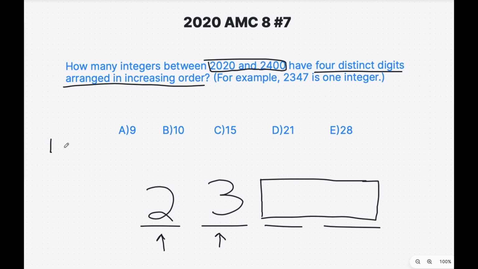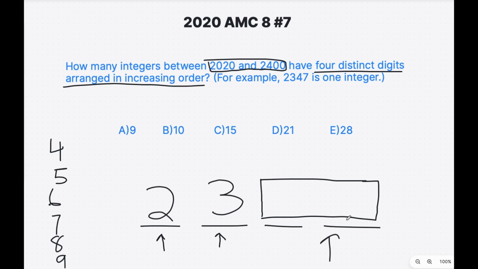So that would be 4, 5, 6, 7, 8, and 9. That means we have 6 different integers that we could fill in here. What we could do is choose 2 from these and arrange them in increasing order, and fill them in these two places.